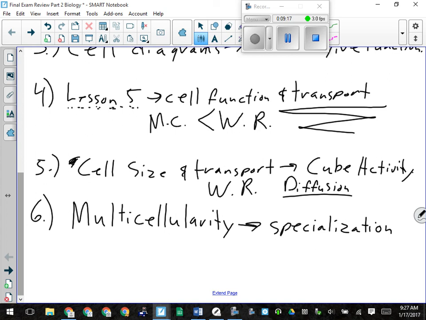On the note of compartmentalization in prokaryotes and eukaryotes, all multicellular organisms contain what kind of cells? Eukaryotes, because only eukaryotic cells with their compartmentalization can become specialized. The only way a cell becomes specialized is to essentially make more of a certain organelle or change a certain cellular structure. If you don't have cellular structures like a prokaryotic organism, you can't become specialized.